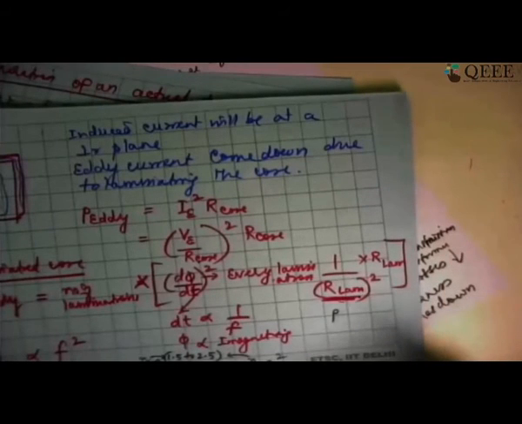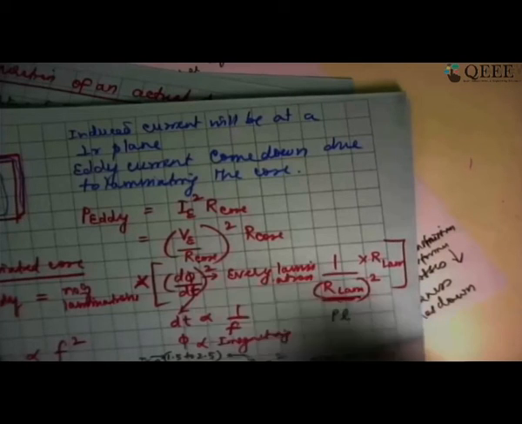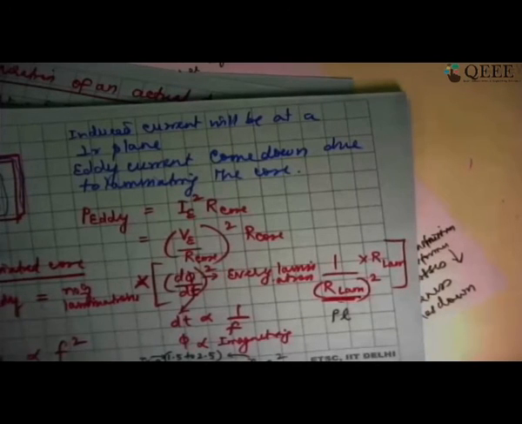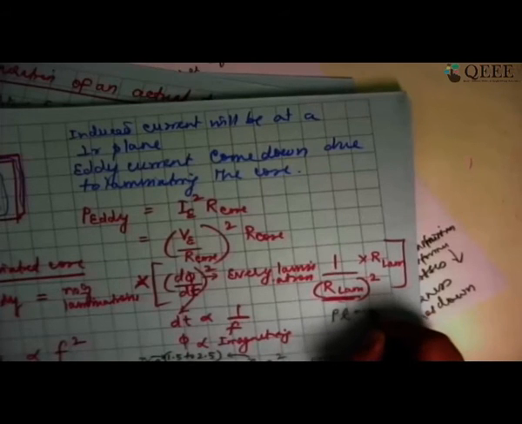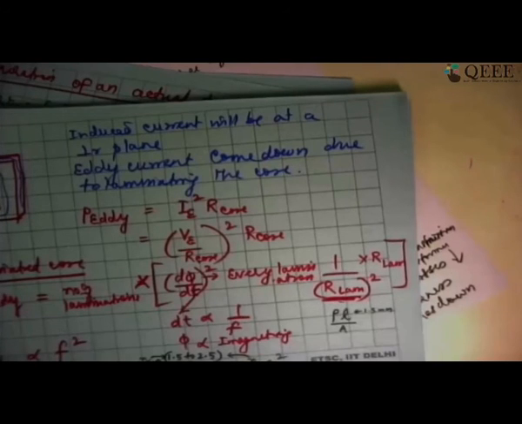You have to first of all take the rho of the material, the length of the current path, which is actually the thin lamination. If everything is made up of about 1 or 1.5 mm, this L is going to be only 1 or 1.5 mm. And you are going to have the area of cross section.